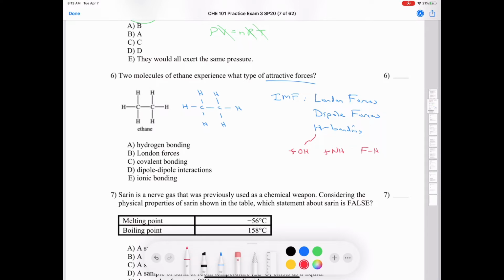Also, there's no dipole because there are no polar bonds, because the difference in electronegativity between carbon and hydrogen is too small to be a polar bond. So the only intermolecular force that is going to be experienced between 2 molecules of ethane will be London forces.